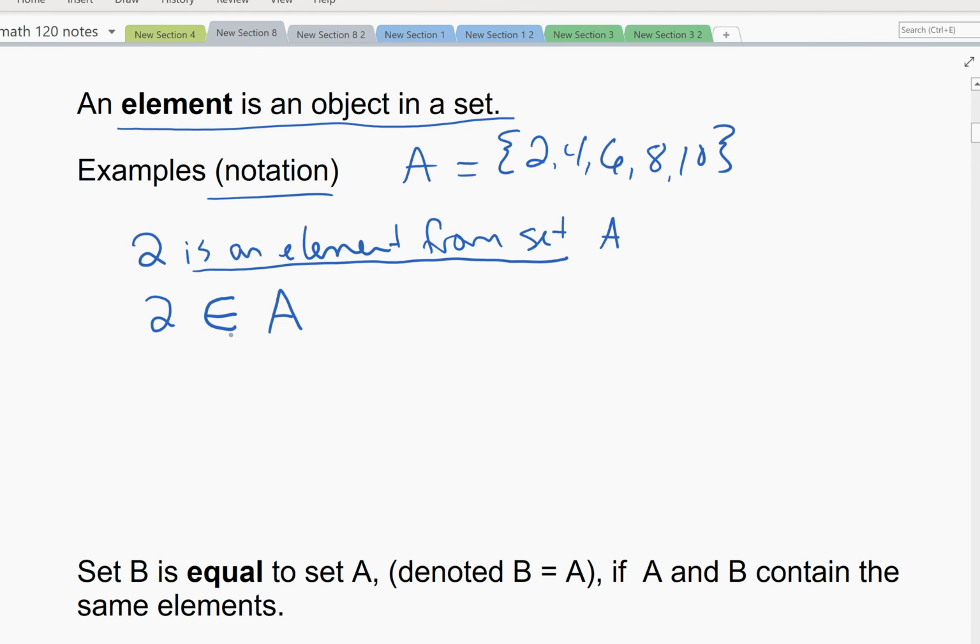So 2 is an element of set A. 10 is an element of set A. 6 is an element of set A. That symbol represents the phrase "element of" in mathematics. It's used mostly when we do definitions and things, but you should be aware that if you see it written somewhere, you know what that symbol means. Element of.